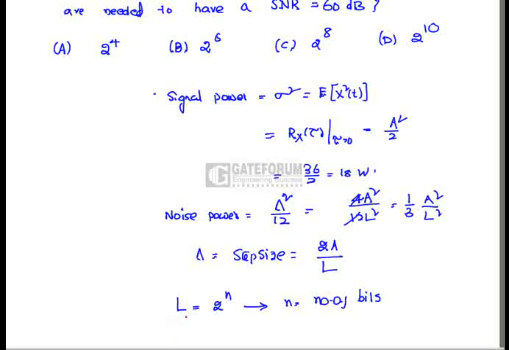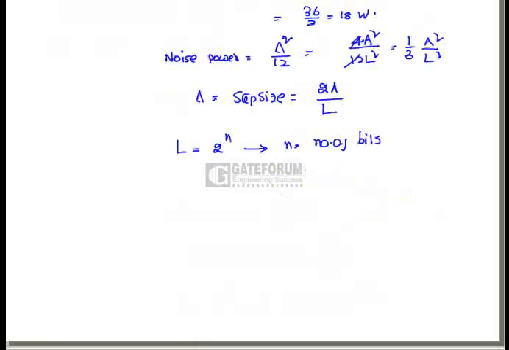By using the signal power as well as the noise power relations, we can get the SNR equation as follows. Already we know SNR equals 60 dB.